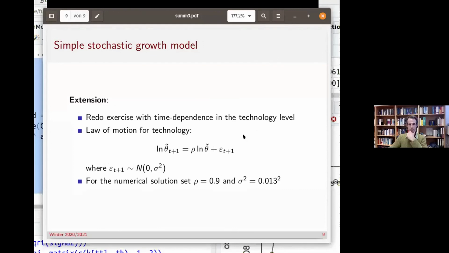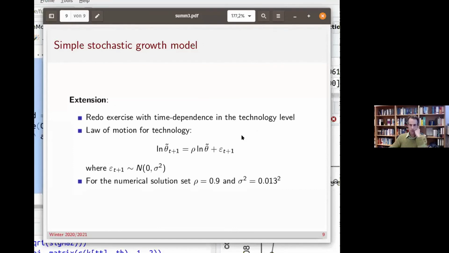So what we could do as a little extension now is, I think the program is already on the LearnWeb. We could do the exercise with time dependence in the technology level.